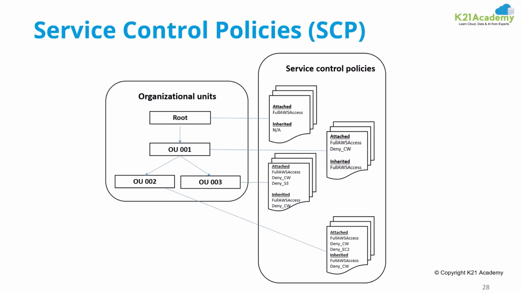It's like IAM policies are keys to the rooms and SCP defines which rooms even exist in the building. If SCP blocks EC2, even with the key, IAM, you can't enter the EC2 room, meaning you can't access that server. That's how SCP works. I hope it is clear to everyone.